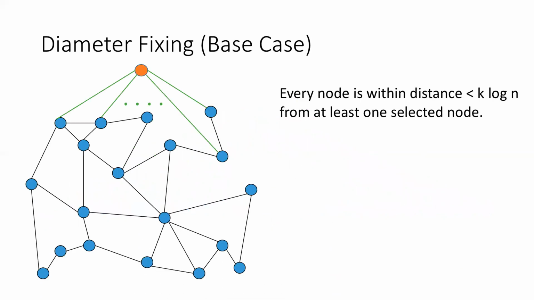So what about the case where the base graph is an arbitrary graph and the BFS tree still consists of a new node and an edge connecting this node to each node in the base graph? We claim that in this case, with high probability, every node is within distance at most k log n from at least one selected node. So for example, these are the selected nodes, and we claim that they are dense.